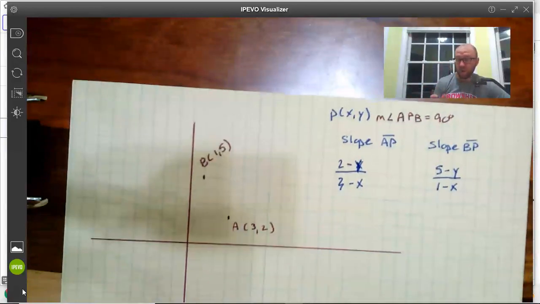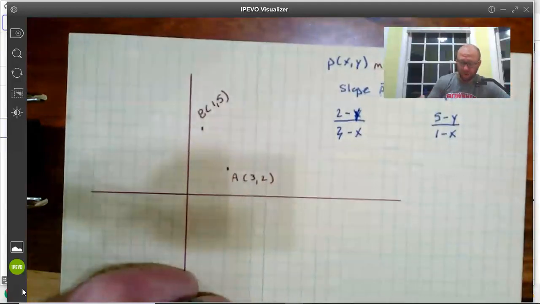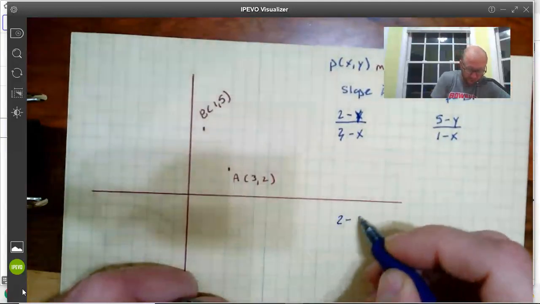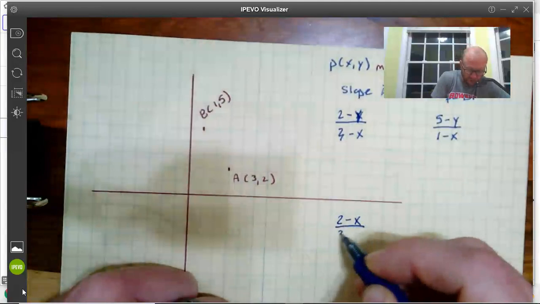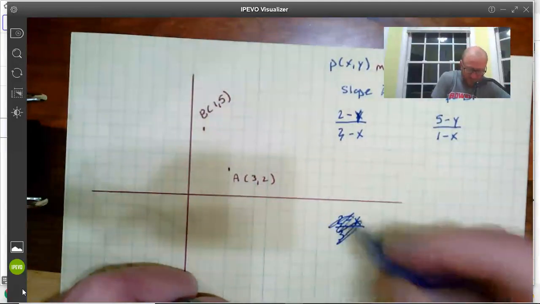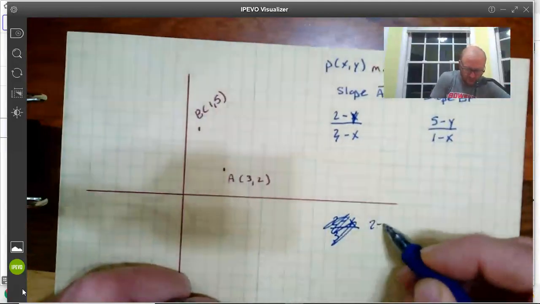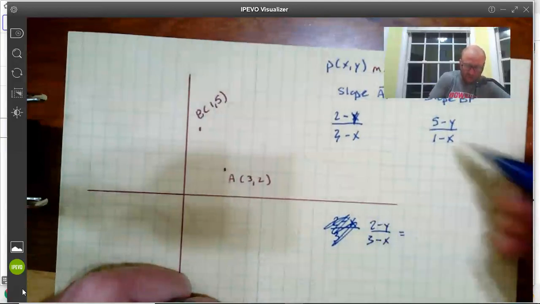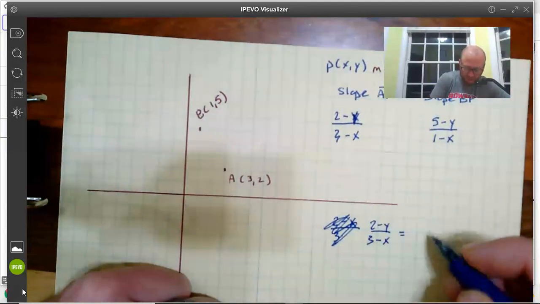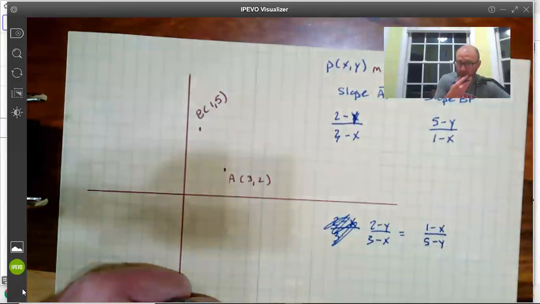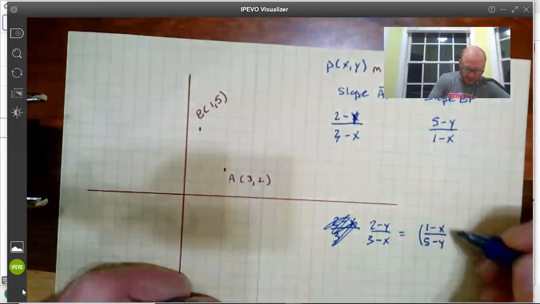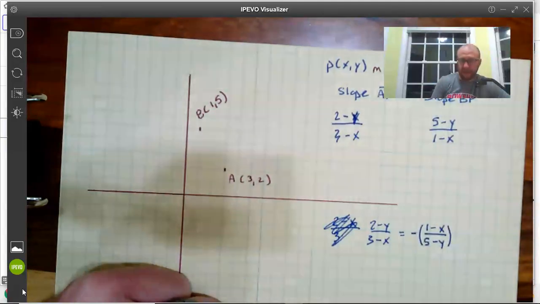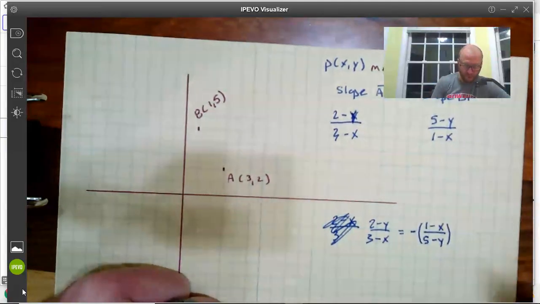I'm going to set up an equation using these two slopes. I'm going to say 2 minus, oh, why do I keep writing X? 2 minus Y over 3 minus X will equal, when I flip these upside down, 1 minus X and 5 minus Y, but I need to make that the opposite, so I'm going to put a negative.